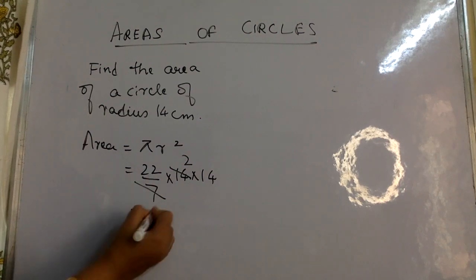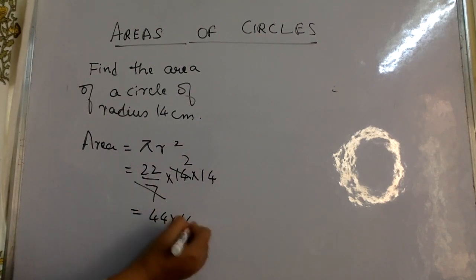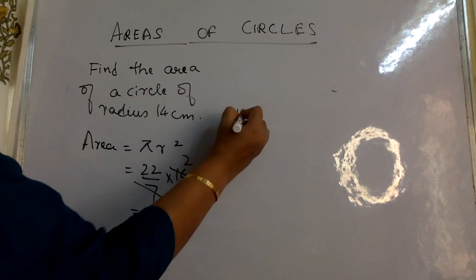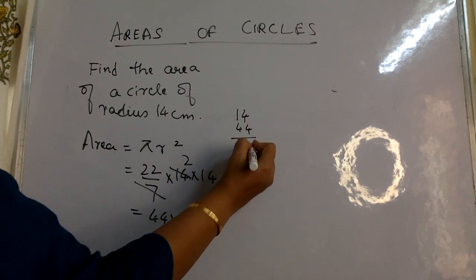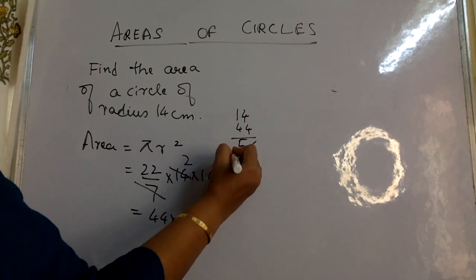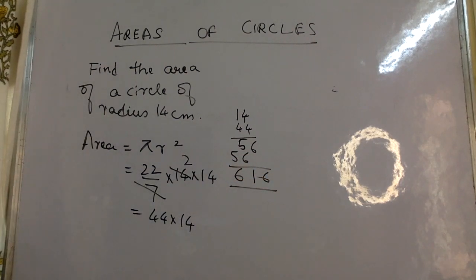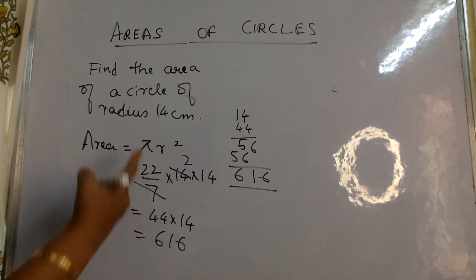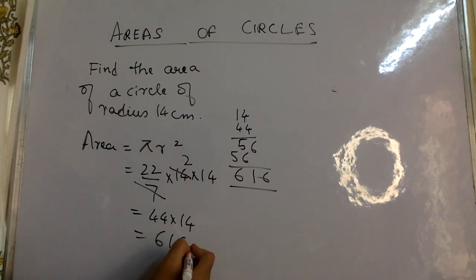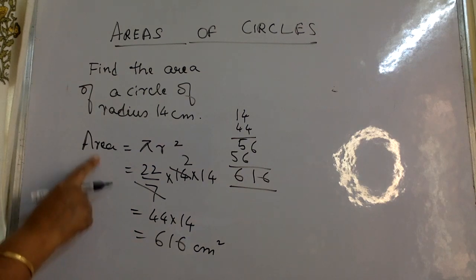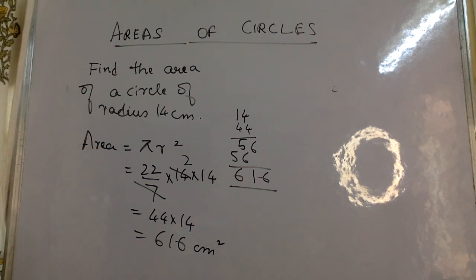So that is 44 into 14, which gives 616. That is 616 centimeter square, because it is centimeter here. So 616 centimeter square is the area of the circle.